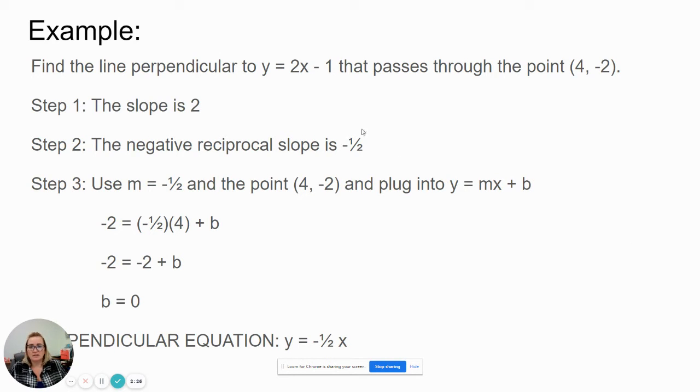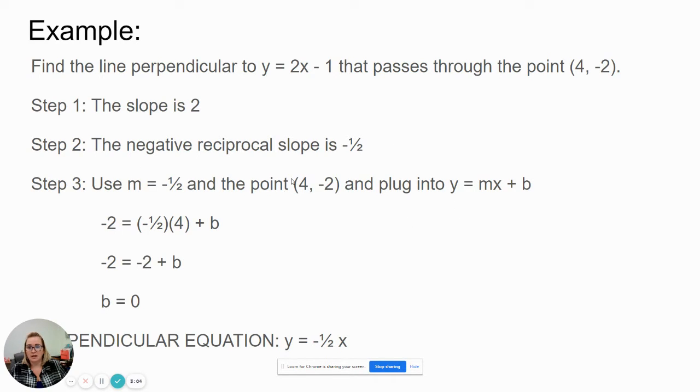So if we have this line, y equals 2x minus 1, it's going to pass through this new point. So we need to figure out what the slope is. We know the slope is 2. And remember, it's really 2 over 1. So to take the negative reciprocal, we know that because this one is positive, the reciprocal has to be negative. And 2 over 1 now flips to be 1 over 2. So we're going to take this new slope and this point and plug it into y equals mx plus b.